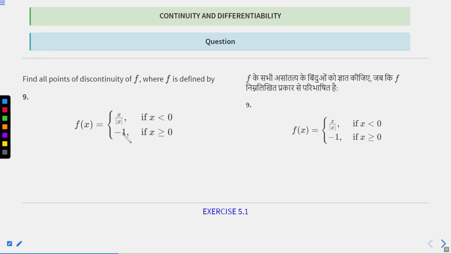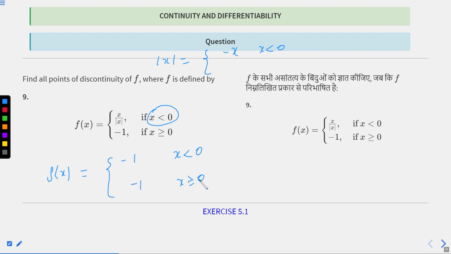So the same thing I have to do. Let me just break it down more. As you can see, if x is negative, then this will be minus x for x negative. So this will be minus of x by x, which is just minus 1. So for x negative, our function is this.